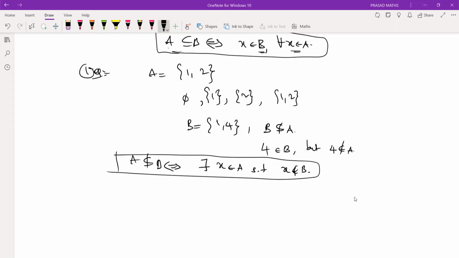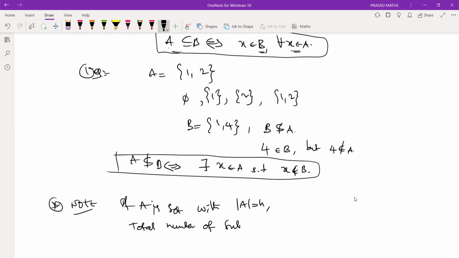Suppose I'm going to give a question like this. If A is a set with cardinality n, what is the total number of subsets? 2 power n. Total number of subsets of A is nothing but 2 power n.